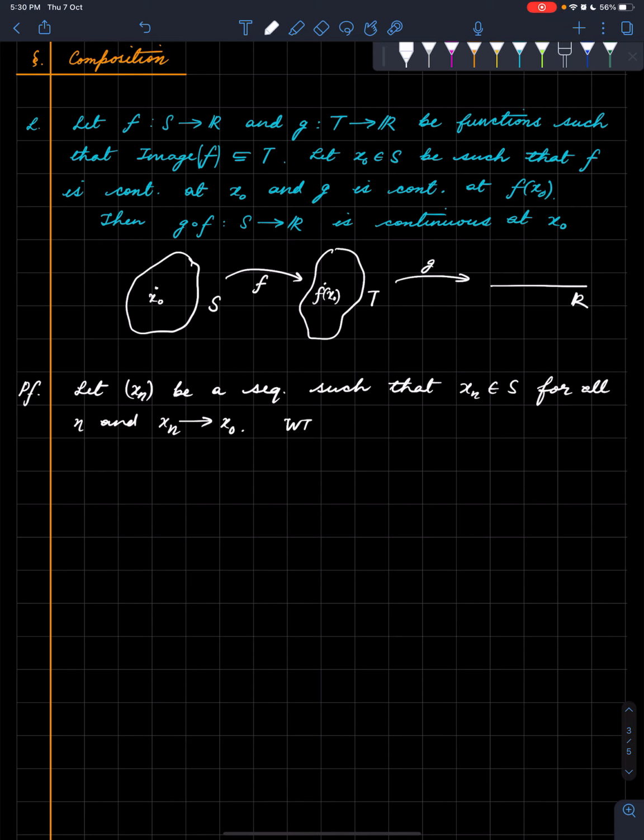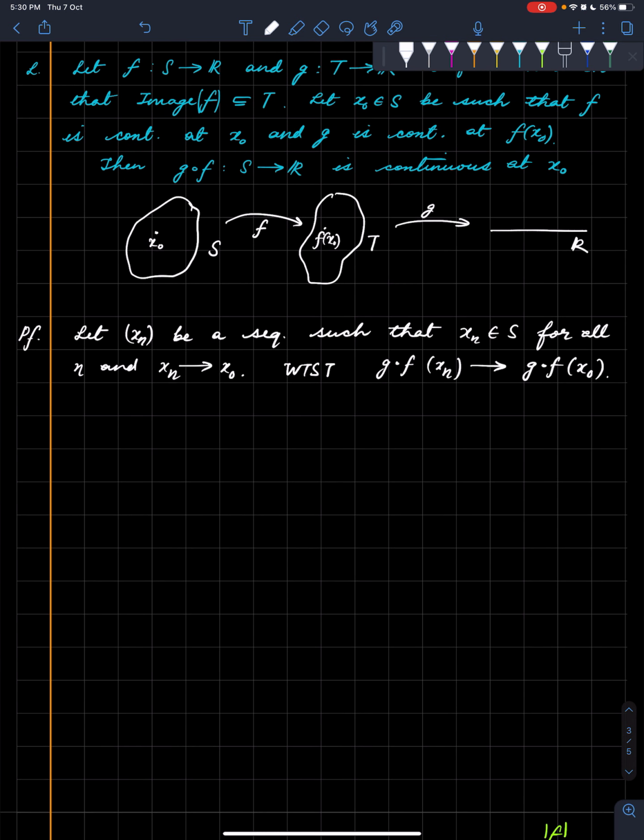Then we want to show that if we compose f and g, then g of f of xn converges to g of f of x0. This is what we want to show. This will prove continuity by the convergence criterion.